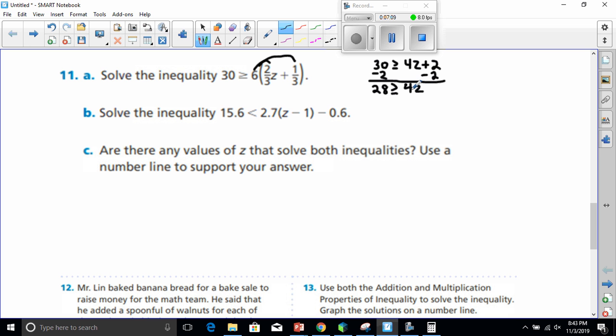Okay, and now I have to divide 4 away from both sides to isolate that variable z. And that tells me that z, I'm not dividing by a negative number, so my sign will not change. 28 divided by 4, that's going to be, I think, 7.